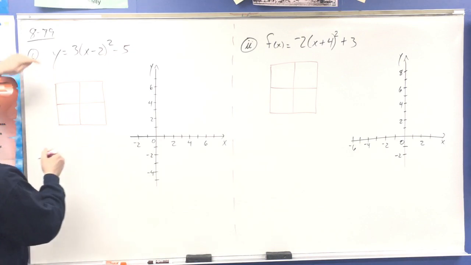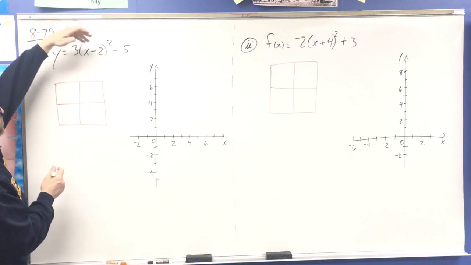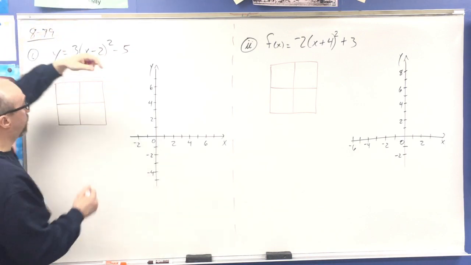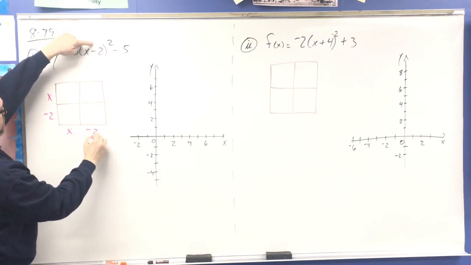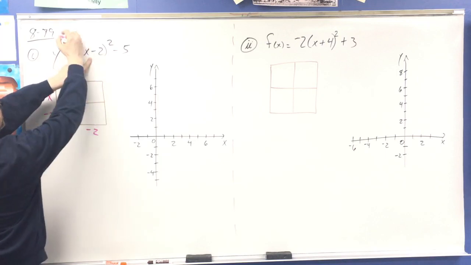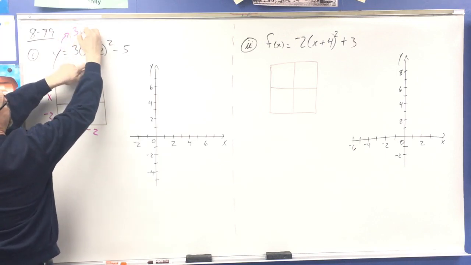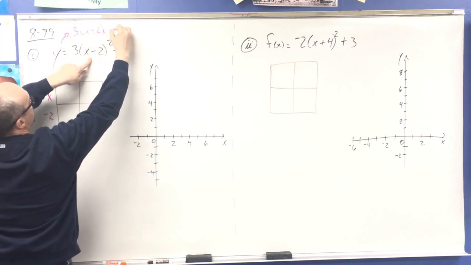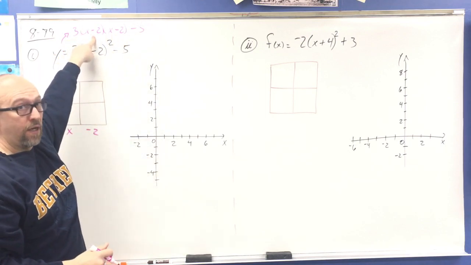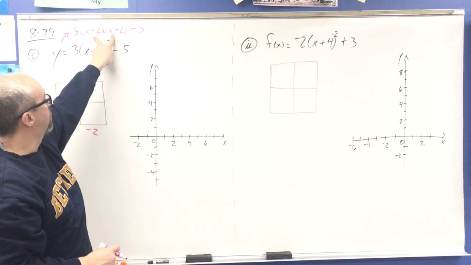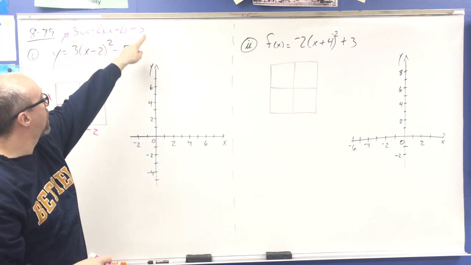They want us to use order of operations that we learned back in chapter 4. This is like saying 3 times x minus 2 times x minus 2, minus 5. Order of operations says I have to do multiplication before I do subtraction.